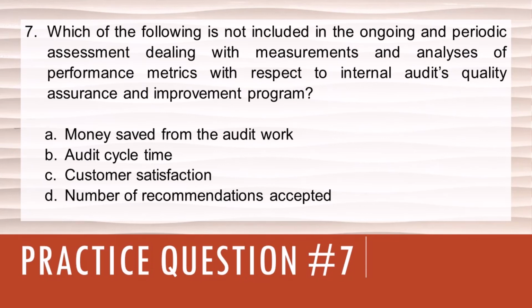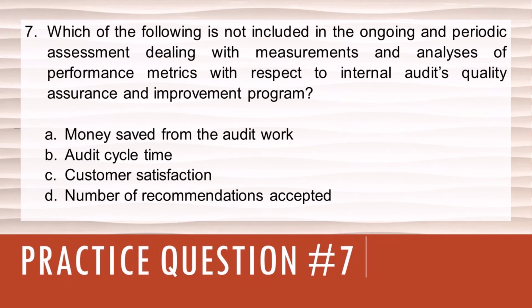So the Chief Audit Executive will look at the audit cycle time. We'll look at the customer satisfaction, such as, is the audit client actually satisfied with the results of the audit? And we'll also look at the number of recommendations accepted. So of the recommendations proposed, how many were actually accepted by the audit client?